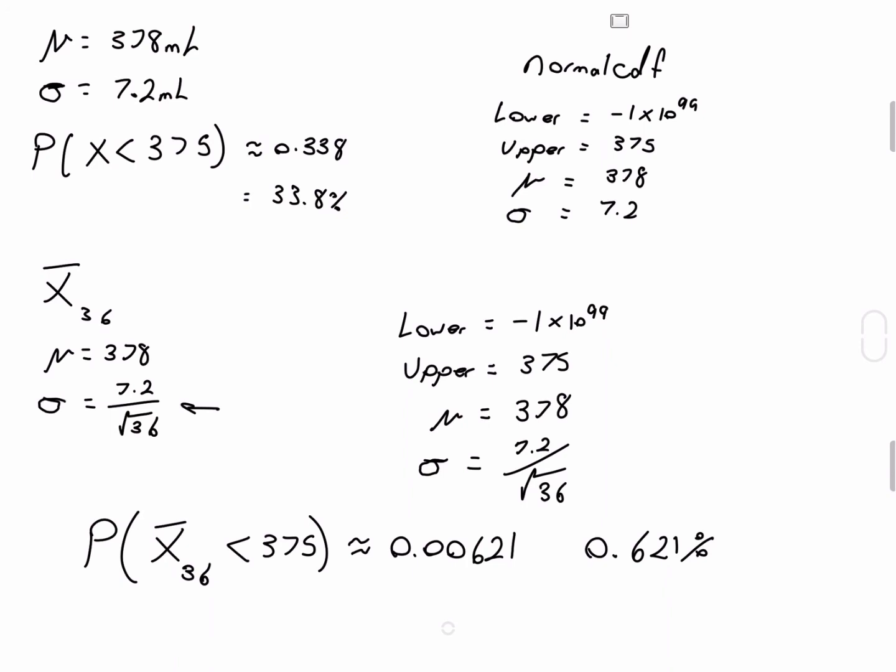If we just pick out a random can out of all of the cans that are manufactured, there might be a 33.8% chance that that individual can has contents less than 375 millilitres.